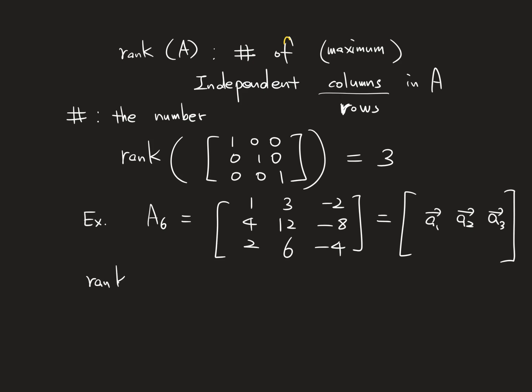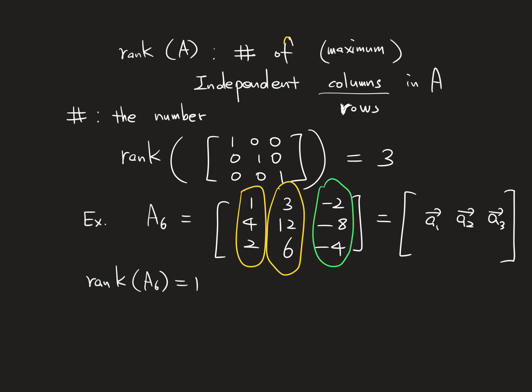The rank of A6 is equal to 1, because if you multiply the first column by 3, we get the second column. And if you multiply the first column by minus 2, we get the third column. So we can generate all the other vectors using the first column, and that's why the rank is just 1.